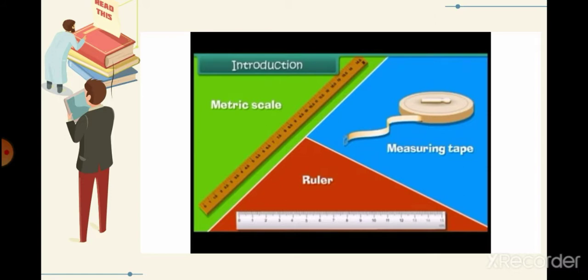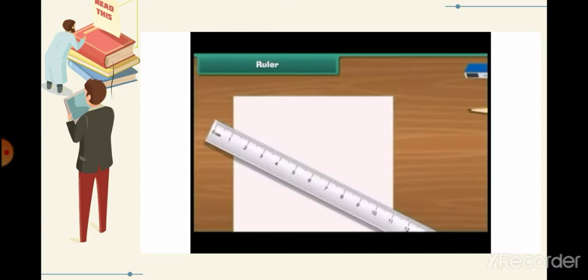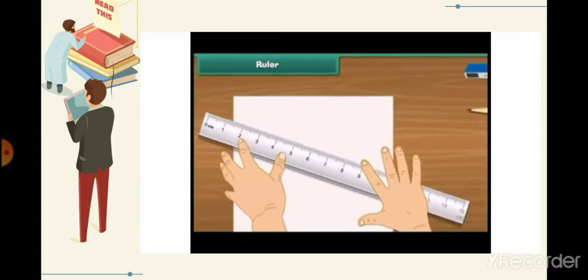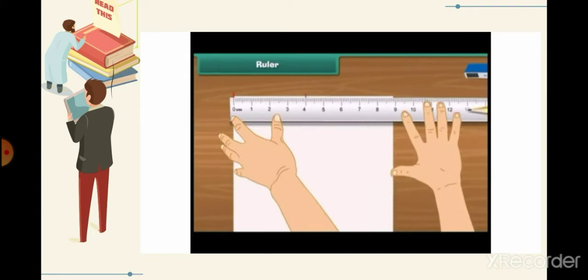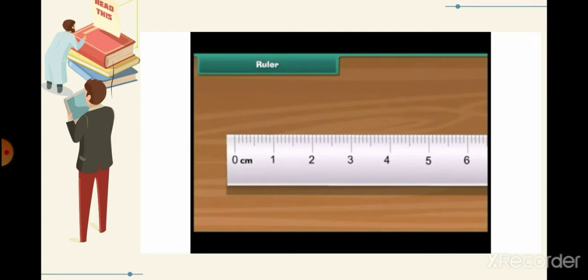Now, I need a 4 centimeter long paper. So what will I use to measure the length? Yes, you are correct. A ruler will help me to measure the length. You find many divisions on the margin of a ruler. Some lines are longer while others are smaller.